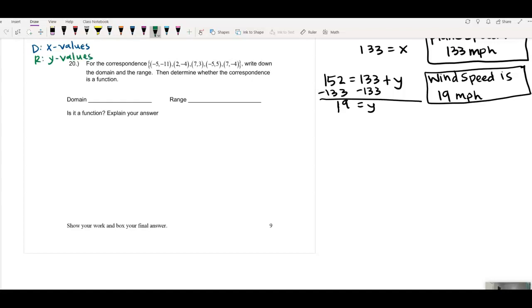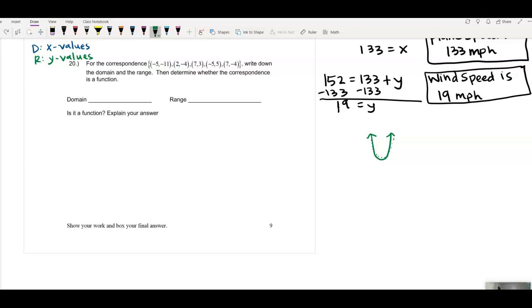And on this one, we just have 5 specific points. It's not like you have a parabola or something like that where you have a gazillion points on here, right? Your correspondence is just these 5 points, okay?